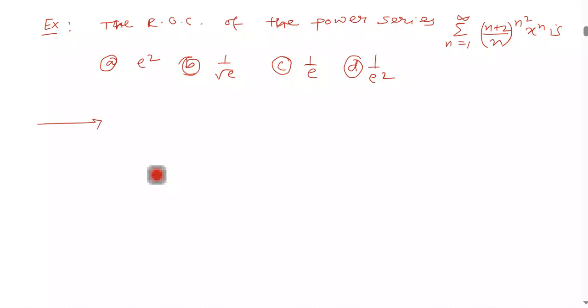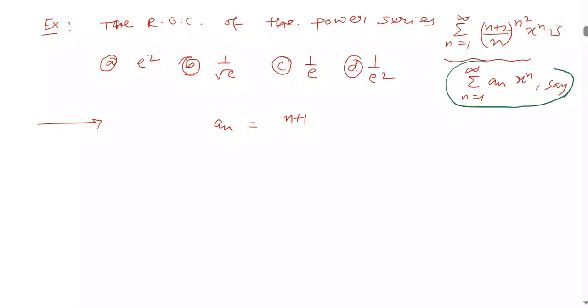What will the answer be? an is the coefficient of x power n, so we can consider the series as sum of an x power n. Therefore an is n plus 1 by n whole power n square.